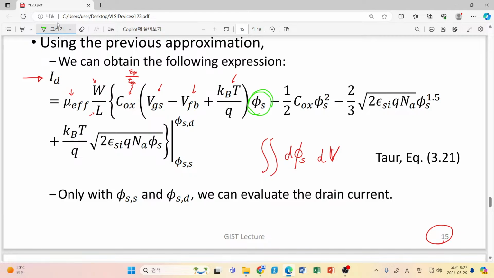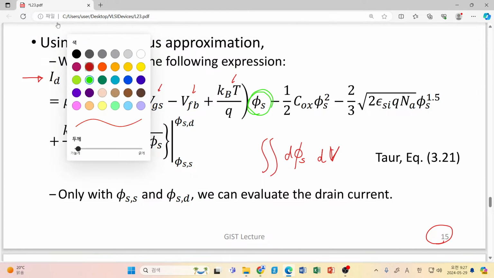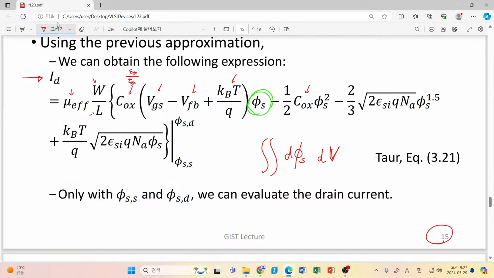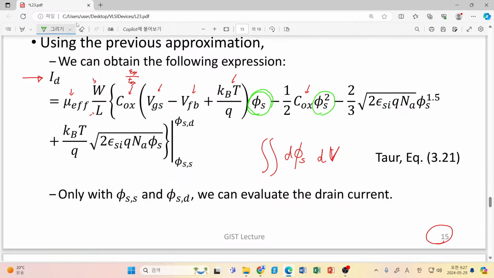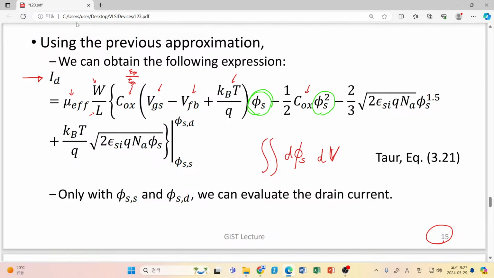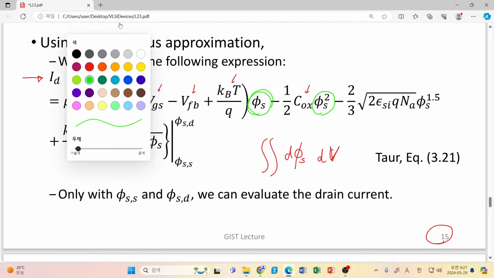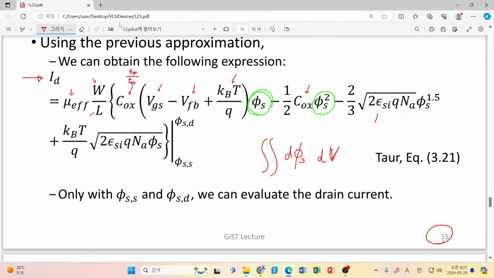Okay, then let's go to the other numbers. The other part here is Cox again. That's not a problem. And how about this square of surface potential? Once we know surface potential, then we can calculate its square. And here we have other seemingly quite complicated numbers, but permittivity of silicon is a material parameter.